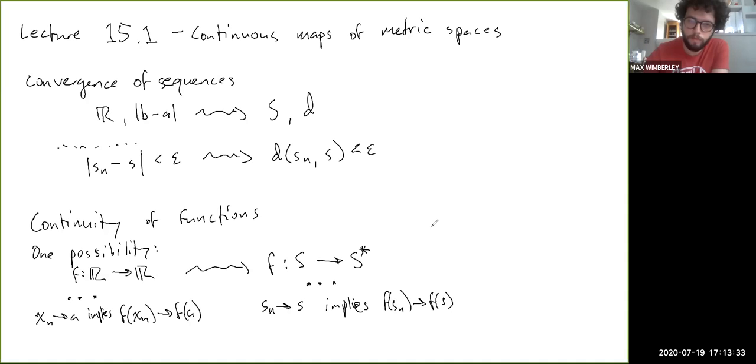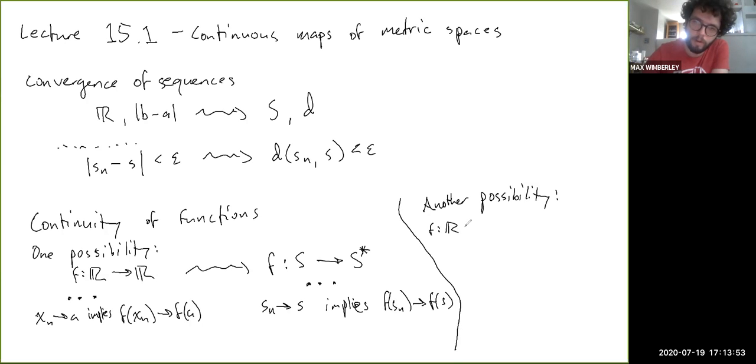Another possibility: for functions f from R to R, we have the epsilon-delta property. For all epsilon, there exists a delta, and so on.